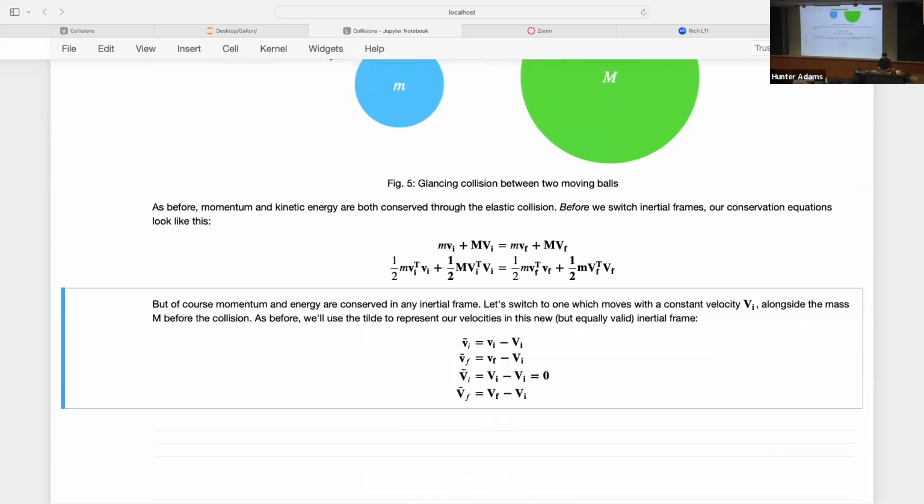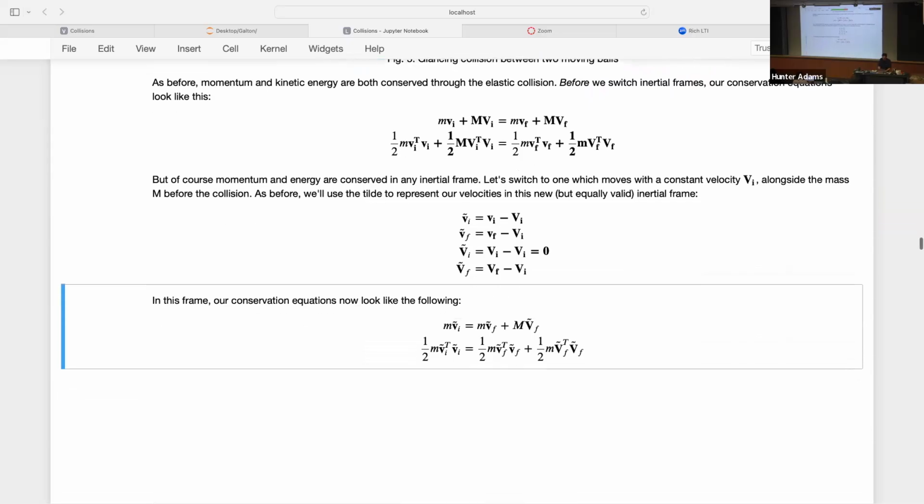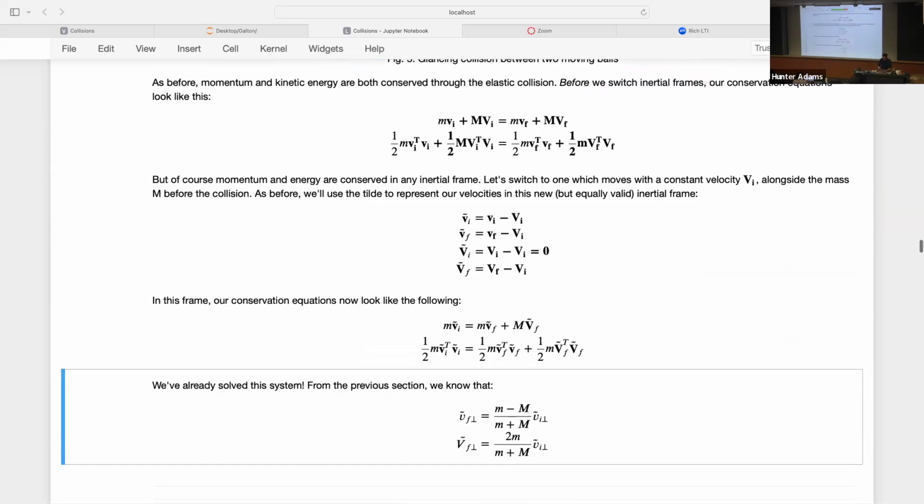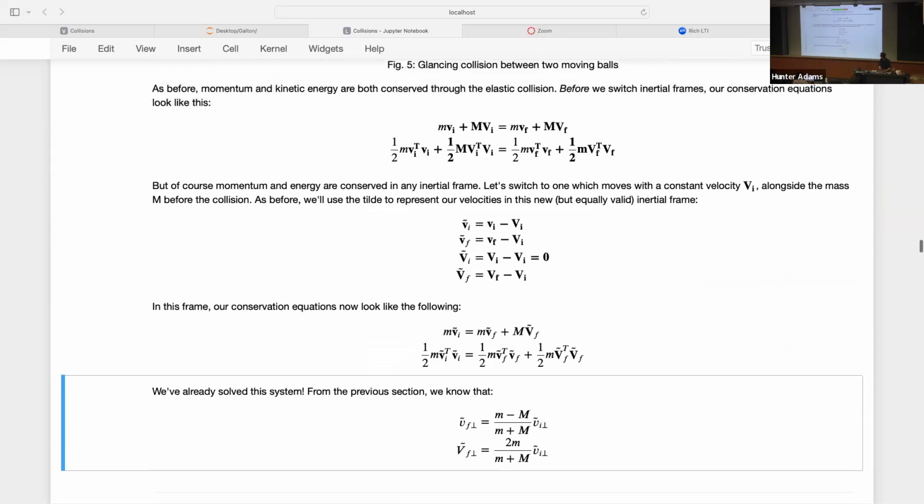And what it allows for you to do is solve this problem without actually really doing any algebra. Right? So all that we've done is we can write down our conservation equations. We choose to change reference frames such that we're moving along with the big mass. Okay, so here's our new set of conservation equations. And then this is a system that we already solved.